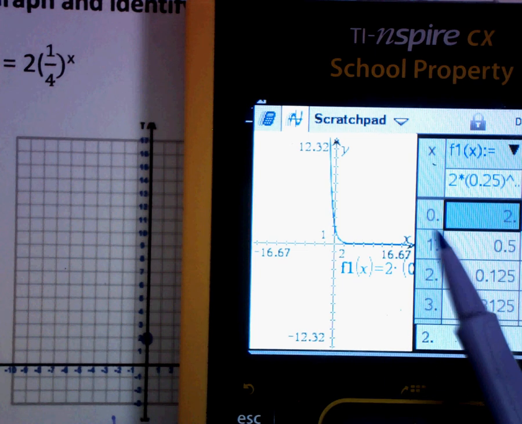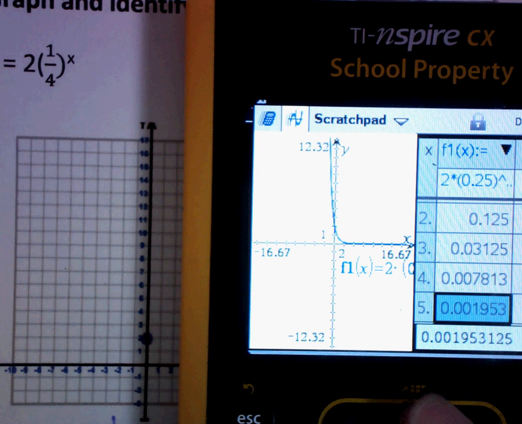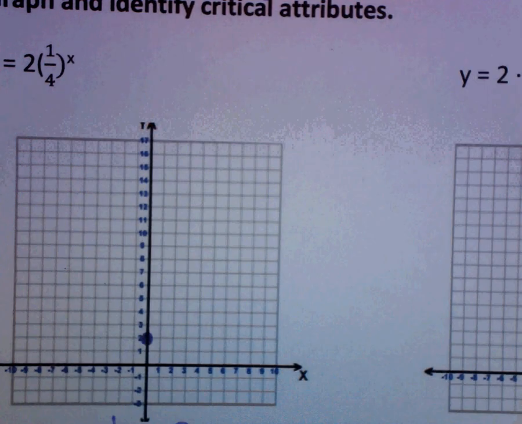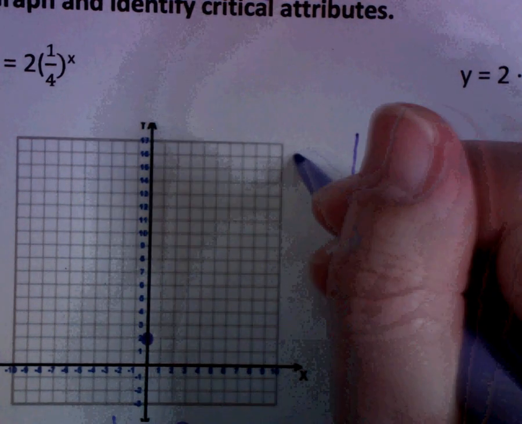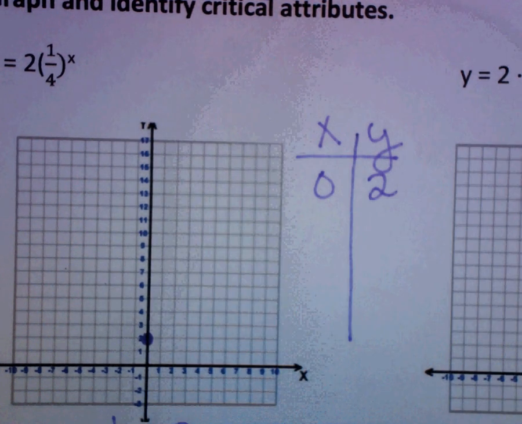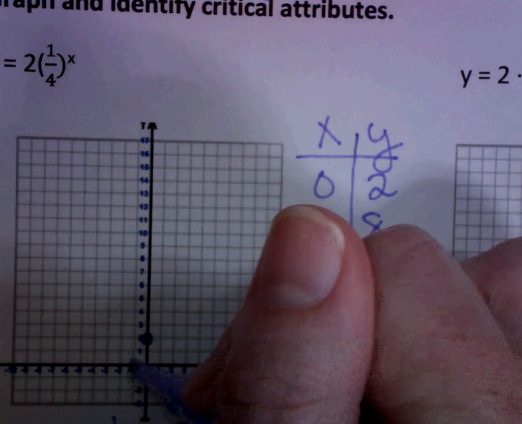And we see that we've got 0, 2. And look at these numbers, look at how they're getting smaller. Here we go, I can graph -1, 8. I'm going to put this in my table so we can see what we're graphing. We graphed 0, 2. I'm going to plot -1, 8.